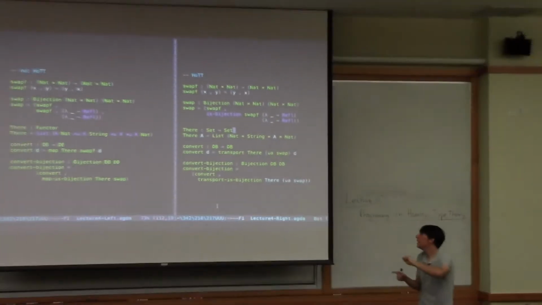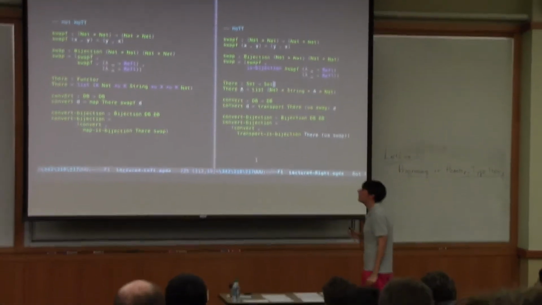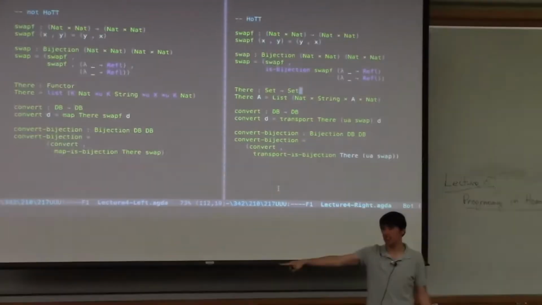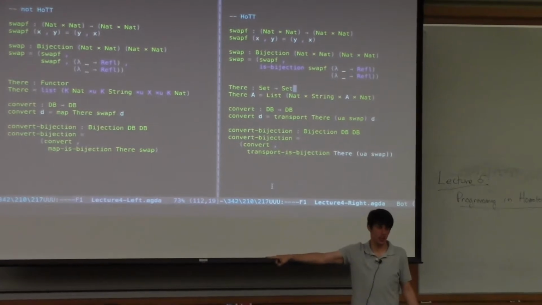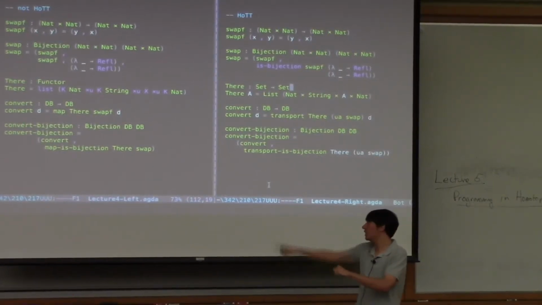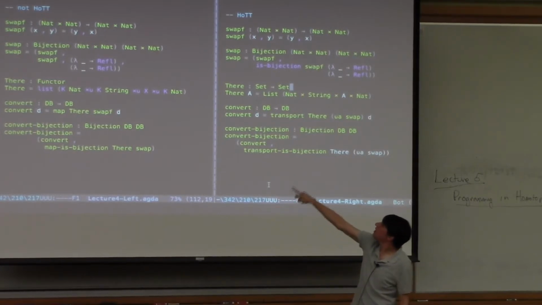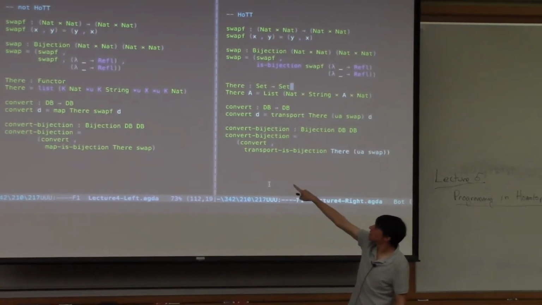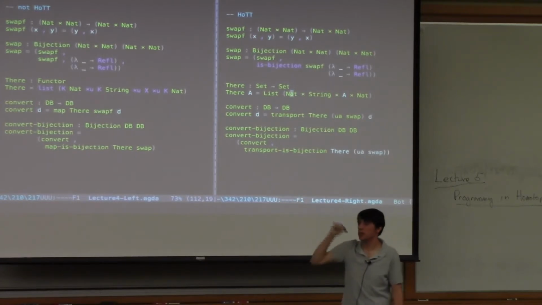Okay? And then we defined a functor saying the spot in the data structure where we want to hit it with the transformation, right, which says inside this list of tuples of keys and names and the point where we want to hit with the function and natural numbers, we're going to apply a function, right?